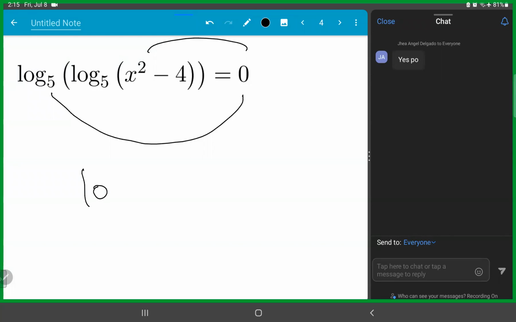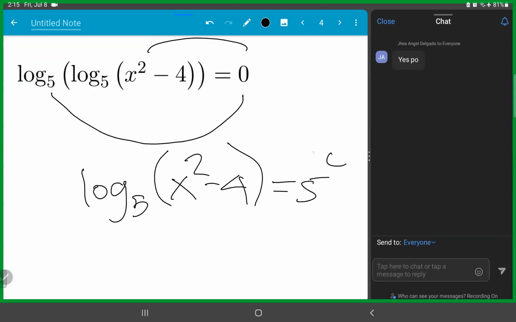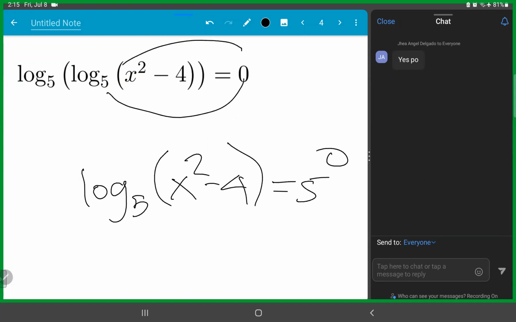Logarithm base 5 of x squared minus 4 equals 5 to the 0. Let me repeat: 5 to the 0 equals this. So one less logarithm. And 5 to the 0, let me change that to 1. And this now is familiar.